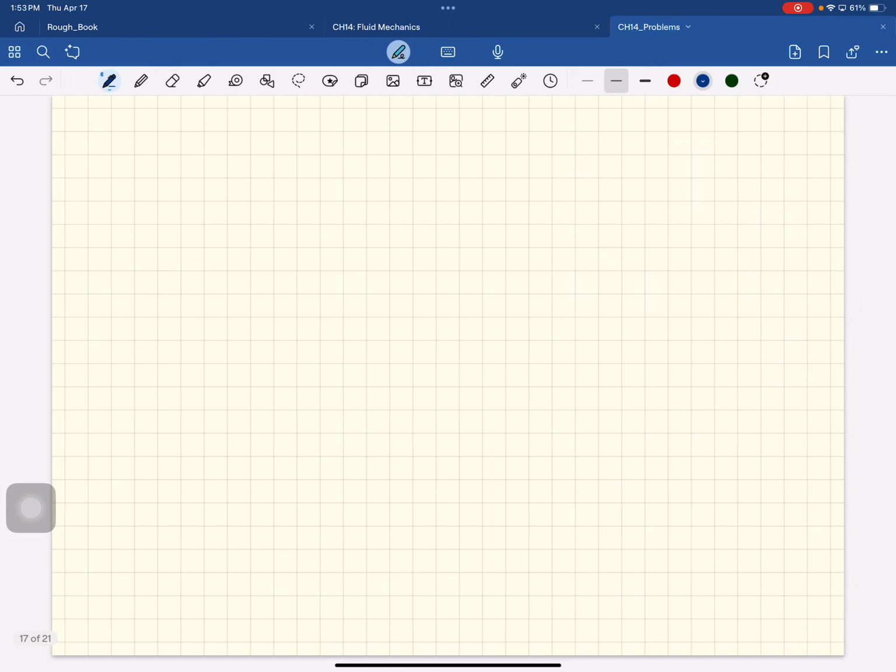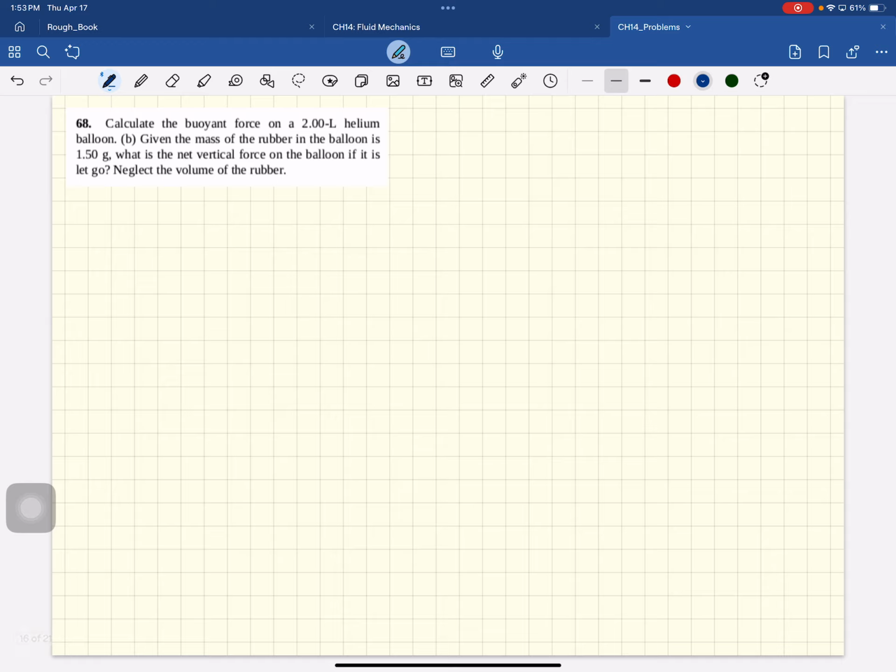Okay, we'll do 2 more problems. So let's calculate this. You guys have bought helium balloons, and when you let go, the helium balloon accelerates upwards. Why is that? Yeah, the buoyant force is greater than the weight of the balloon and the helium, so it keeps accelerating.